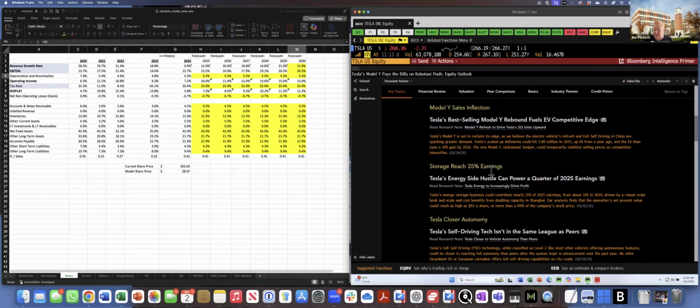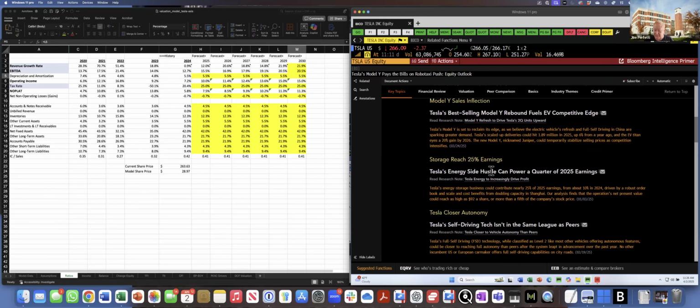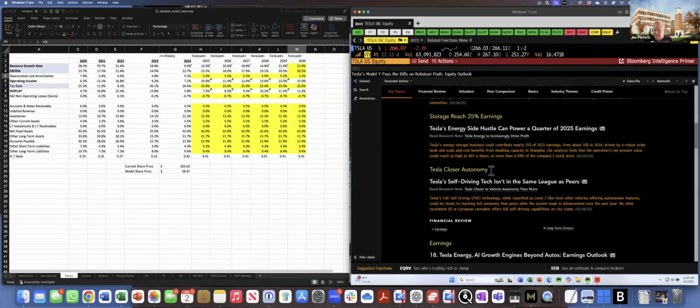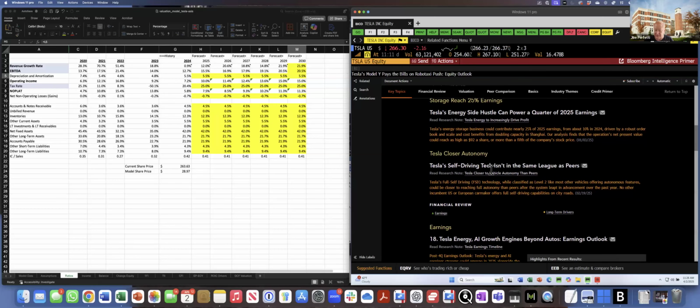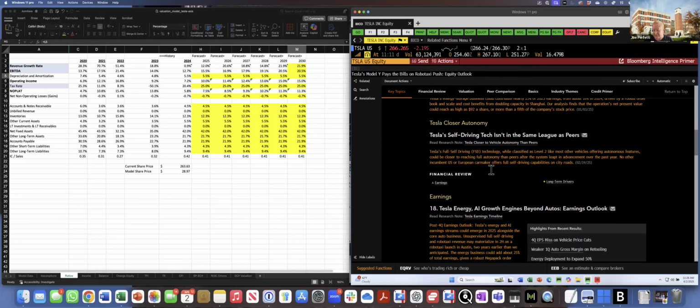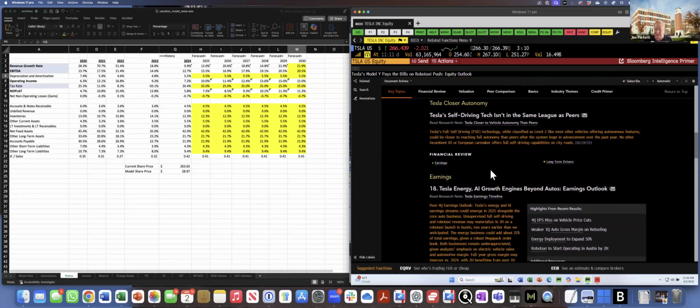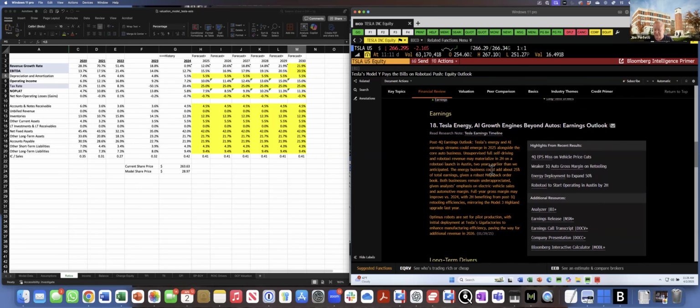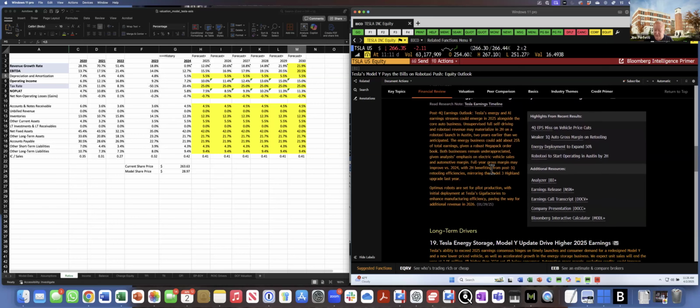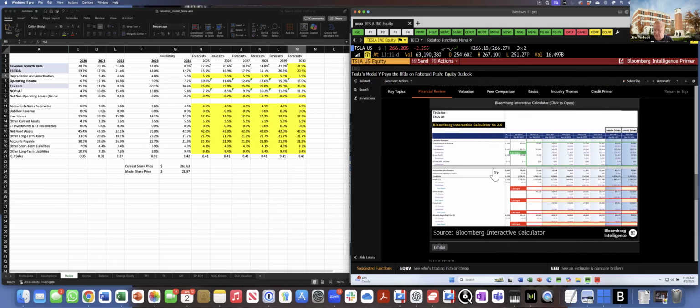I think this could be a rebound in the Model Y. They think some of their energy-driven opportunities could be valuable, whether it's solar panels or charging stations. Self-driving is good, and they keep promising these robo taxis that haven't technically shown up. I think the analysts are probably thinking that might eventually be there. And then energy storage.